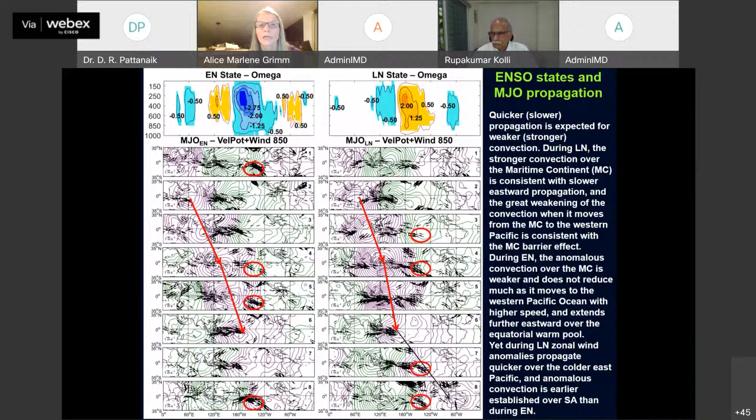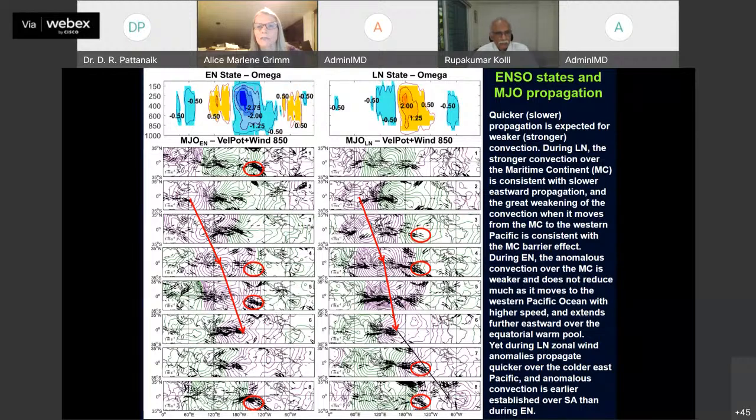During La Niña, the stronger convection here over the maritime continent, the Eastern Indian Ocean and Western Pacific is consistent with slower eastward propagation, as can be seen here, comparing with El Niño.